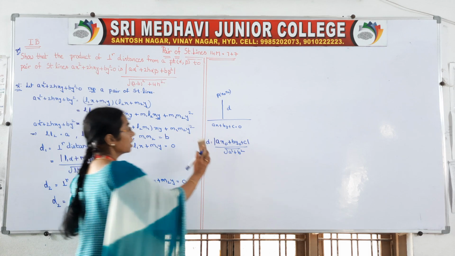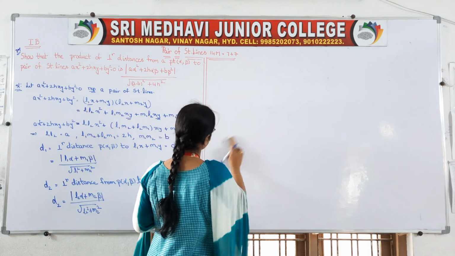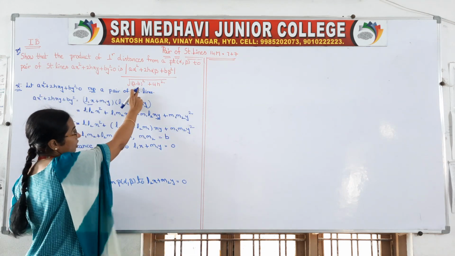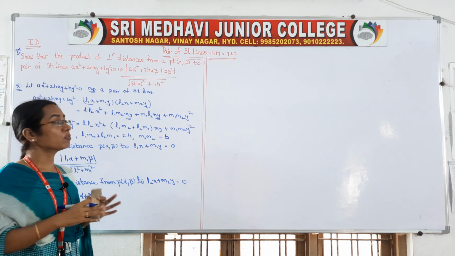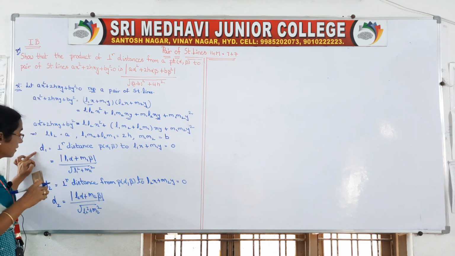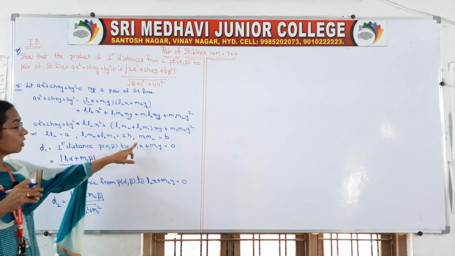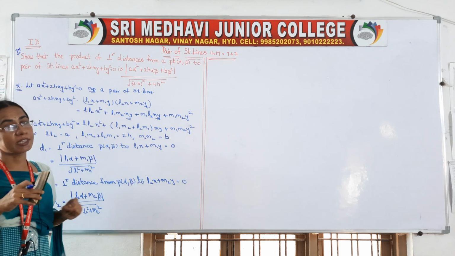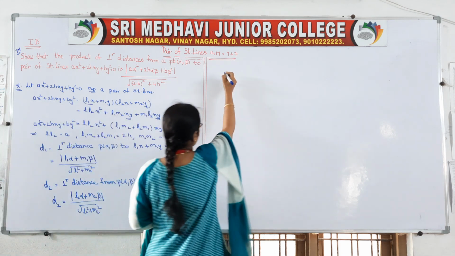So the question is that the product of the perpendicular distances from the point P(alpha, beta) to these pair of lines must be equal to this one. We have to prove that. Product means multiplication, so take the product now.